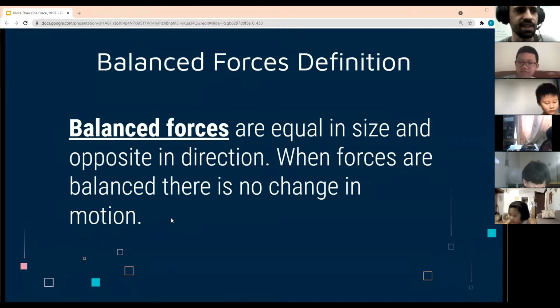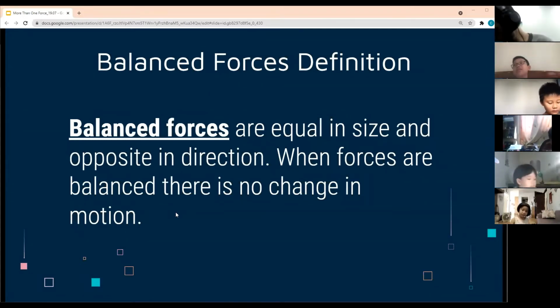So they have to be staying the same speed. They can't be getting more force either forward or backward. So like maybe an object in space could have a balanced force as well, but it's very rare that something that is moving has balanced forces. But yeah, your iPad is a great example of a balanced force. My coffee cup is a balanced force. It's not moving unless I move it.